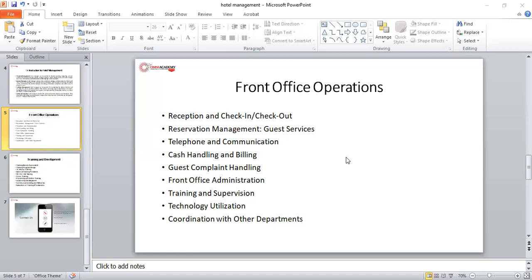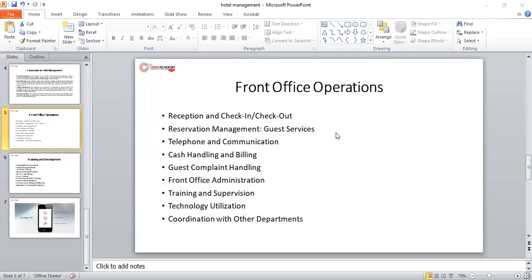The most important element is that this department coordinates closely with other departments, such as sales, because the first person whoever enters the hotel will be facing the front desk officer. So automatically that person will guide to other people.